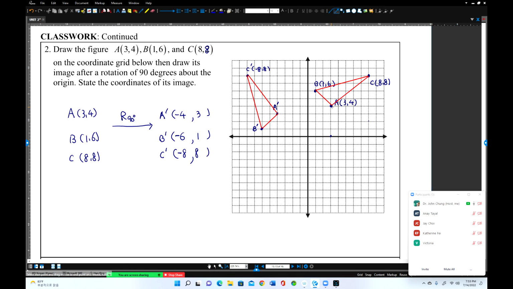Maybe you can make one point corresponding, right? A and A prime. This is A. This one is A prime. Exactly 90 degree, right? You want to try B prime? Okay, this is B prime. I'm going to change the color.